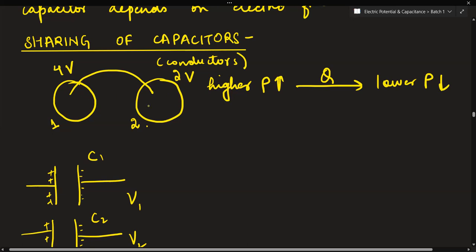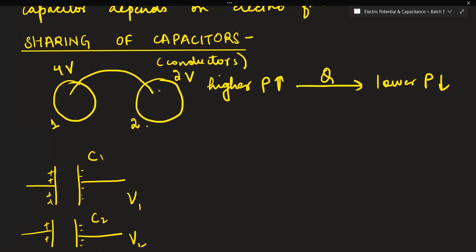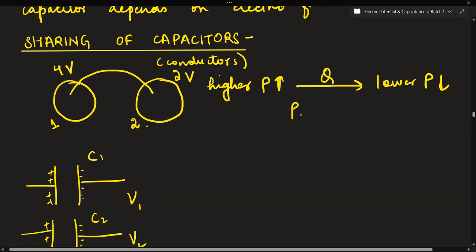When I connect them by means of a wire or anything, from the conductor having the higher potential, the charges will flow to the conductor having lower potential. Till which time will the charges flow? They will flow till both the potentials become equal.